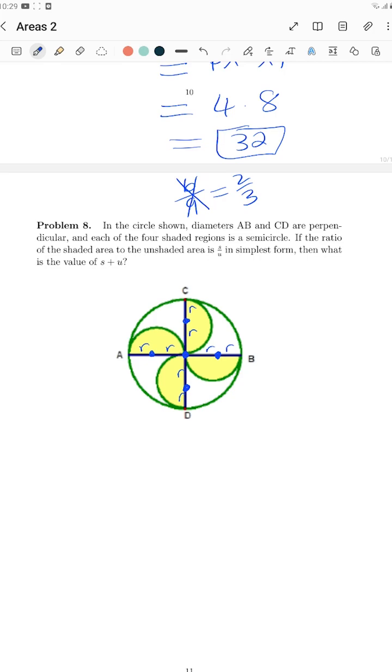Okay. And you can see in this problem why they're using the notation S for shaded and U for unshaded. All right. So let's see what mathematics we can do. So we can do the shaded, which we're using variable S, will be 4 half circles.